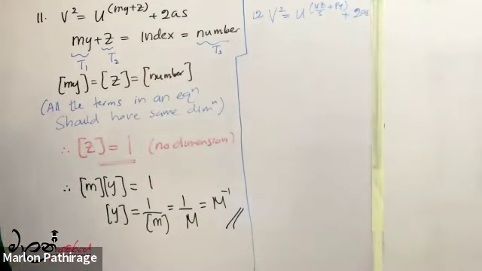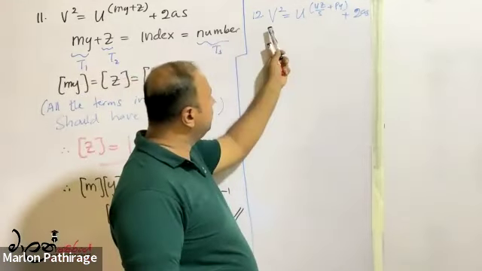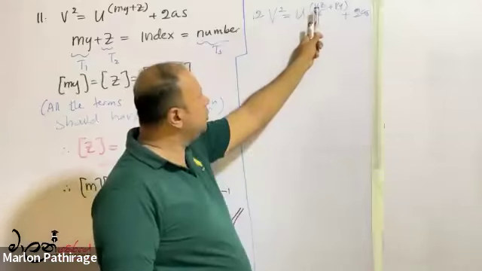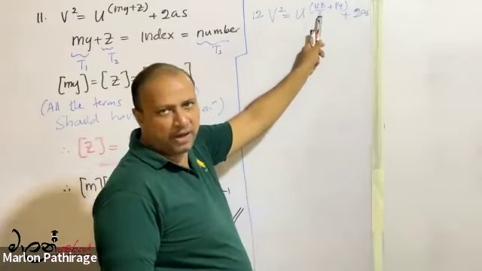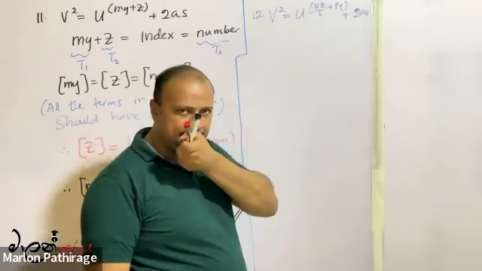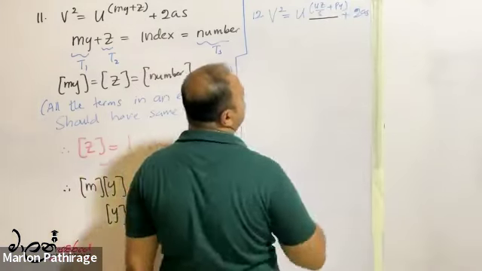But in the 12th question, the expression is V squared is equal to U to the power of U Z over S plus Py. That is the entire index. That is the entire index for this part. This part is the index.